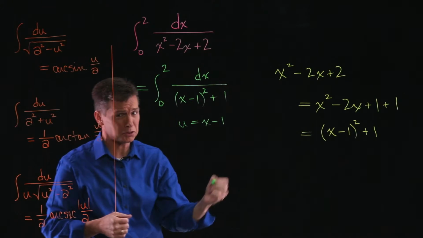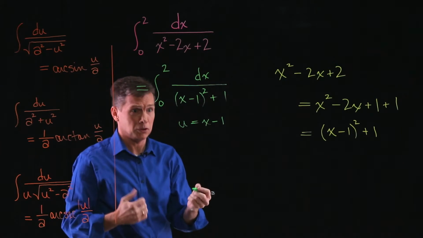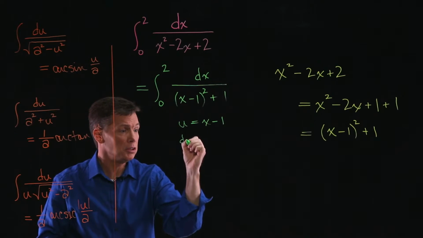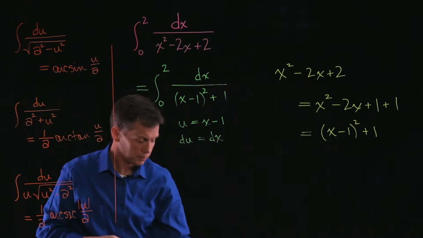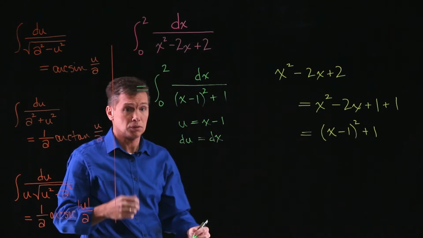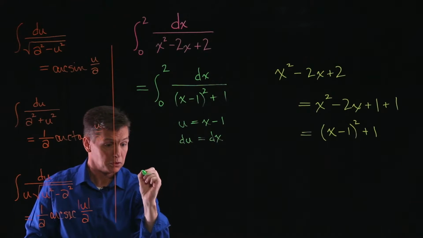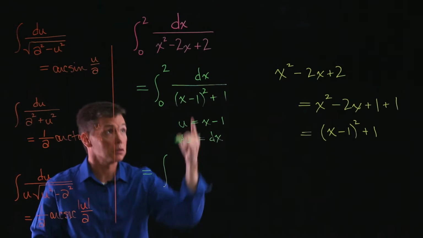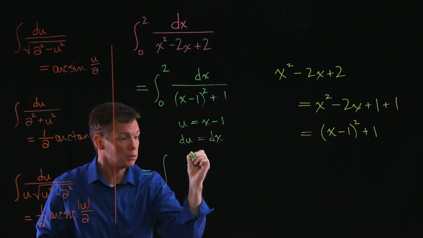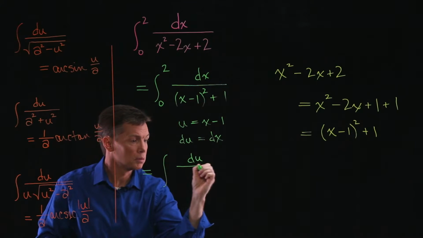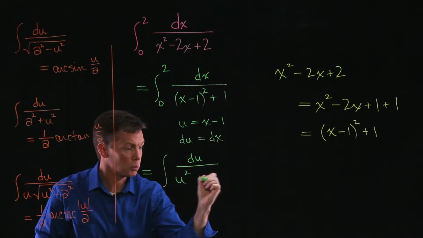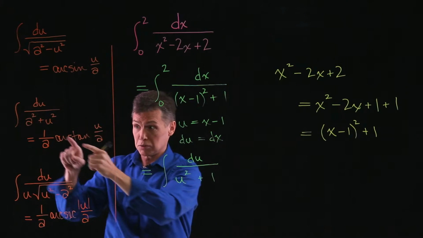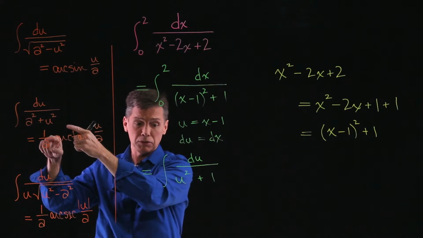U substitution is just so useful. And this is a good u substitution because du equals dx. So down one more step, this equals the integral du over u squared plus 1. Perfect match for this formula that we learned this lesson.